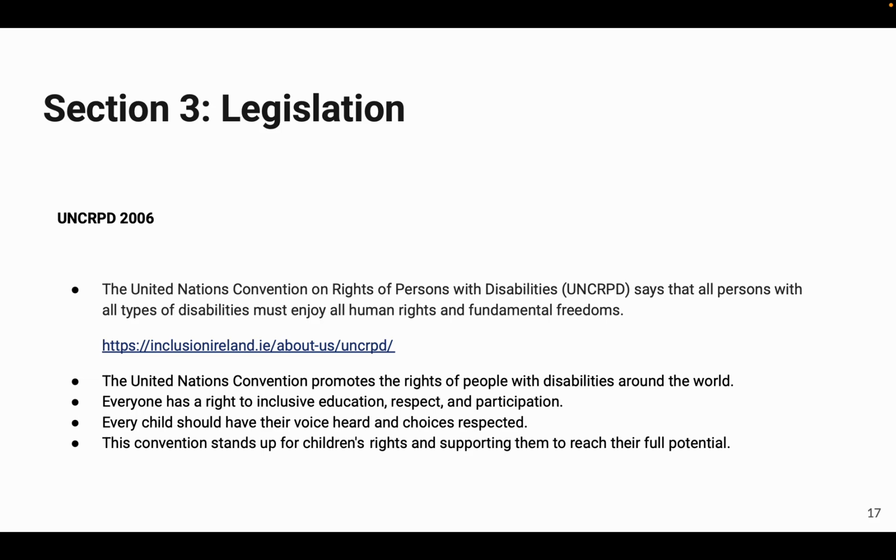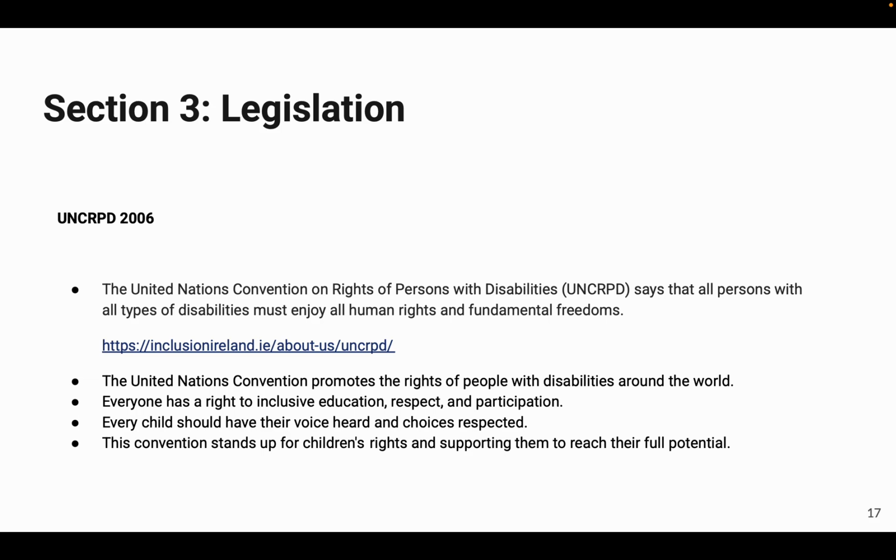2006. Summary and reflection. The United Nations Convention on the Rights of Persons with Disabilities, the UNCRPD, says that all persons with all types of disabilities must enjoy all human rights and fundamental freedoms.